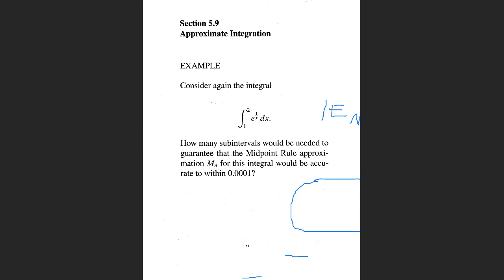Okay, so we're going to use the error bound formula. We already know what K is. K is equal to 3e. We computed that in the previous example. It's the same function here, e to the power 1 over x. Okay, so let's move forward if we're good.